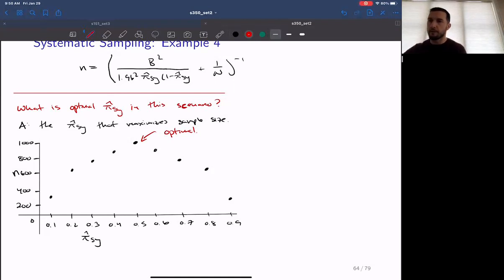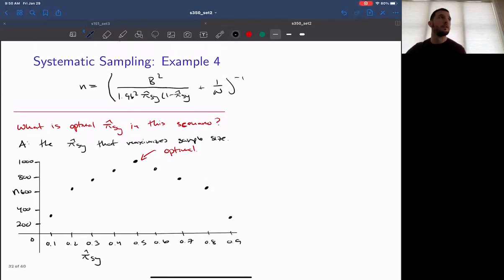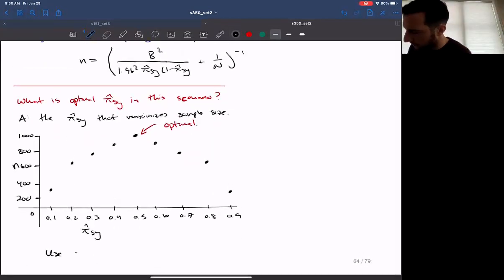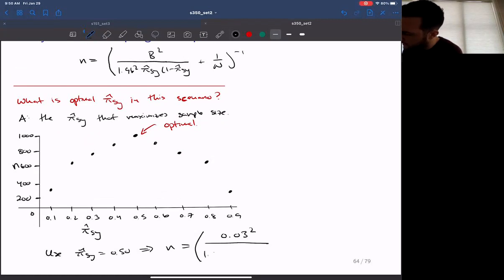So if we use pi hat sy equals 0.5, then we have n is equal to 0.03 squared divided by 1.96 squared times 0.5 times 0.5, plus 1 over 5,757, inverse.